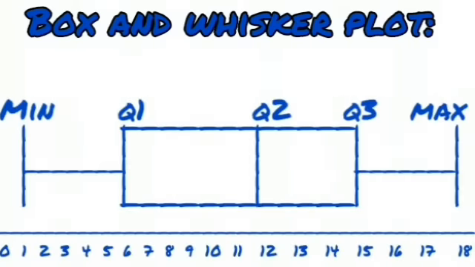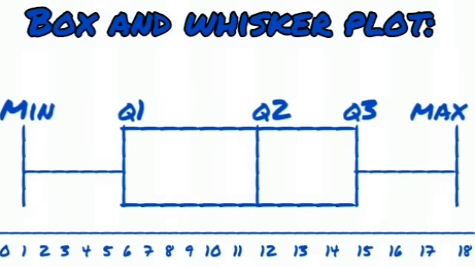The only thing that can worry you would be the lower quartile and the upper quartile. A box and whisker plot actually plots out the 5-point summary. You will see that you have a minimum, you have Q1, that's the lower quartile, you have Q2, that's the second quartile, Q3 is the third quartile, and then the maximum value.